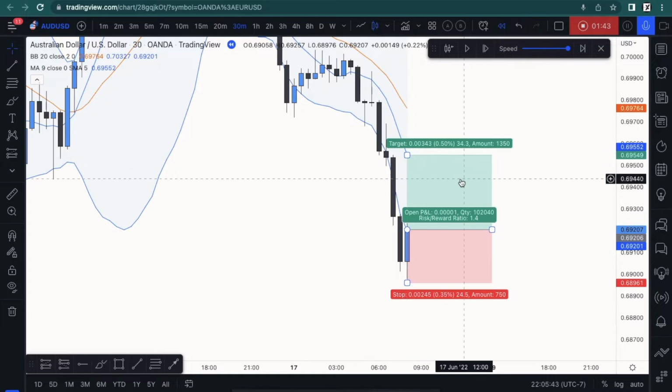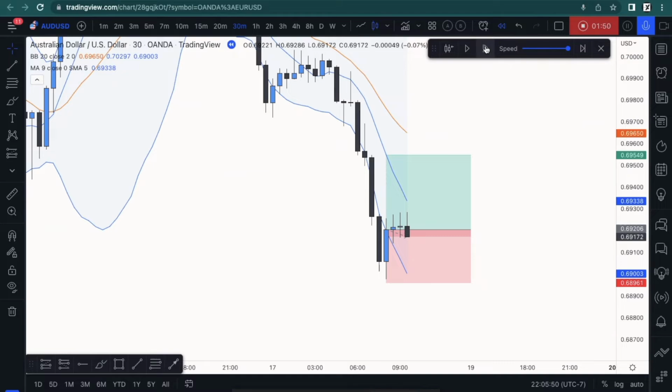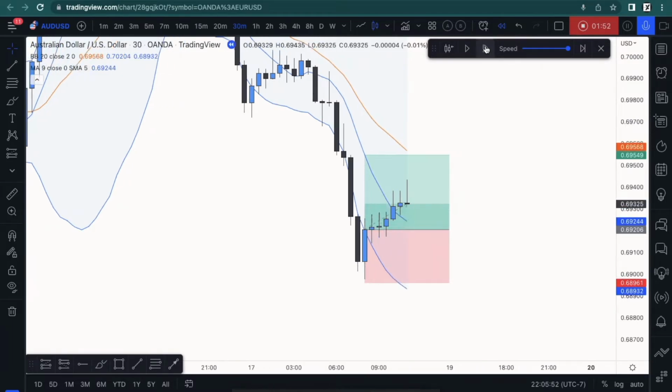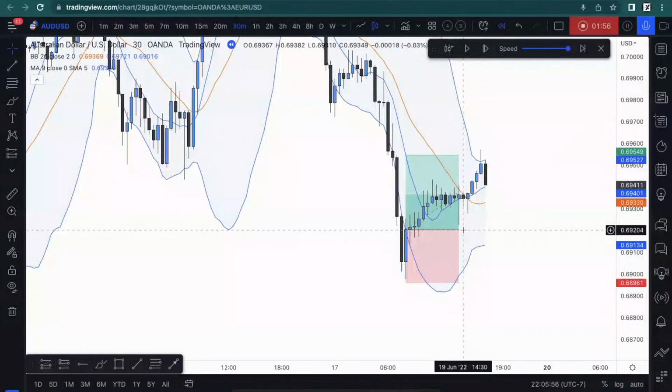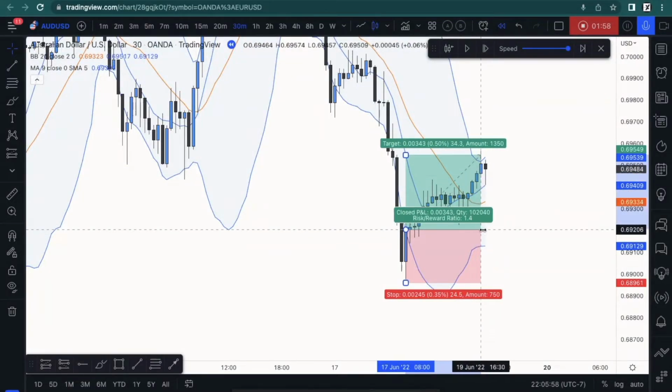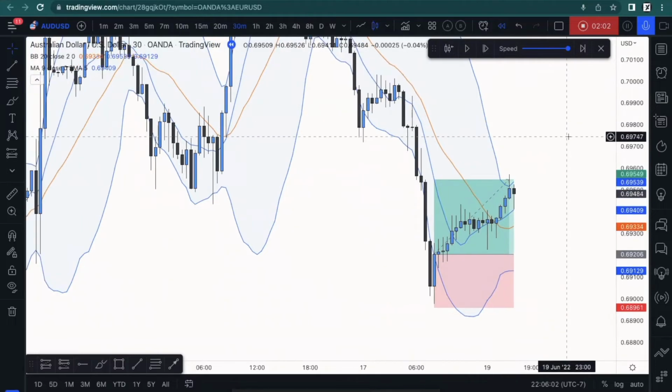So in this case we'll have a good 1:1.4 risk to reward. Let's see whether this trade hit our TP or our stop loss. Okay, boom, the TP is smashed, so that was a good start for this trade.